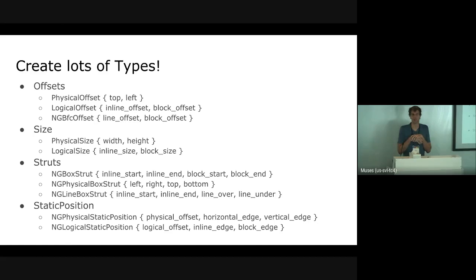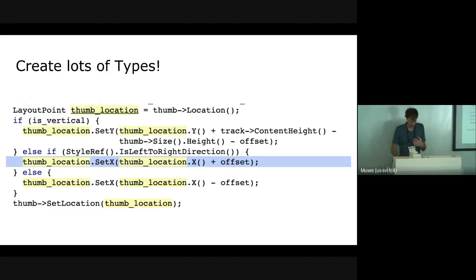So we created basically a bucket load of types, and you can convert between all of the offset types, and between all of the static position types, for example. To give you an idea of what this looks like, this is some old code which is trying to adjust a location. It needs to take into account LTR manually, and whether it is vertical.